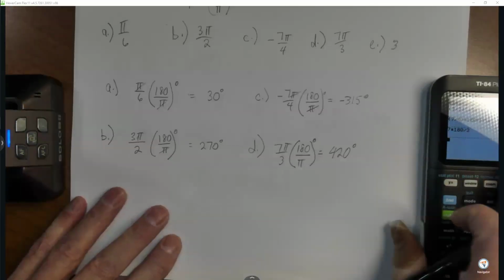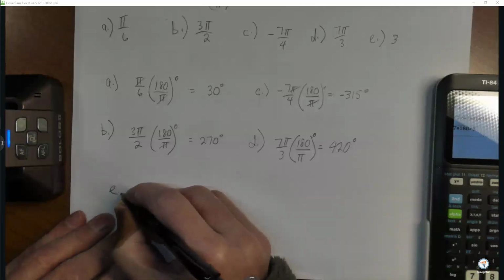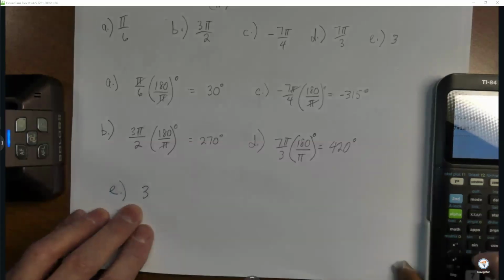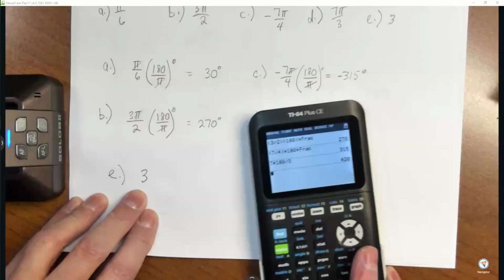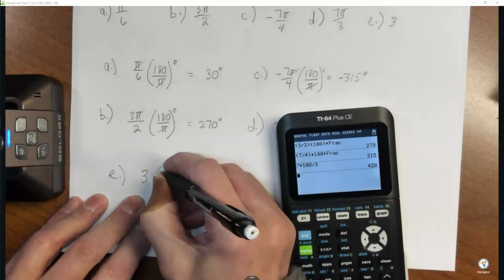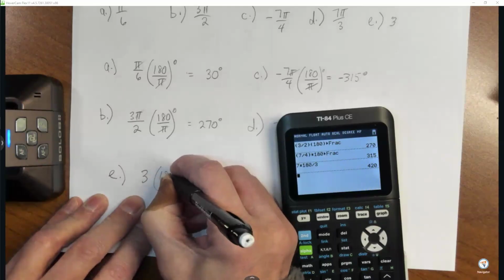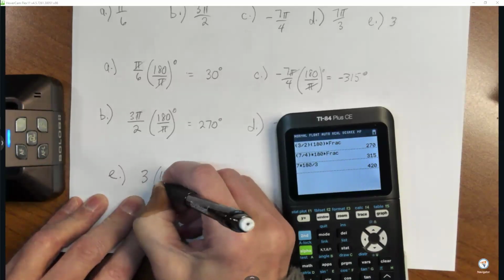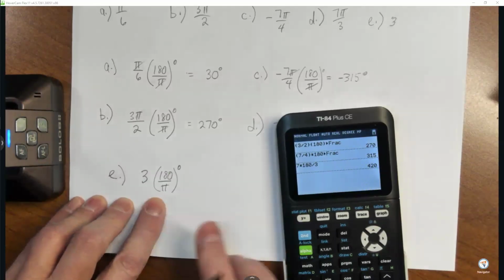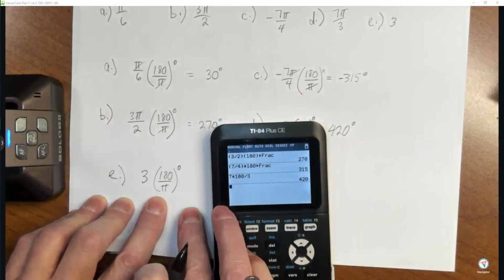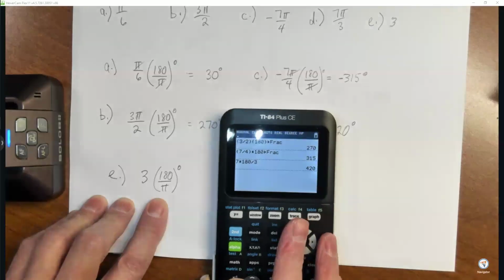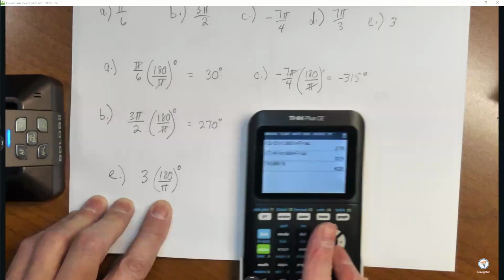Okay, now here's going to be a kind of an awkward one with E. If we were talking about 3 radians, we don't have pi involved in this at all, so I just have to take that 3 times 180 over pi degrees. This time, since pi is not going to cancel out, this is probably a good situation to give the decimal form of degrees.